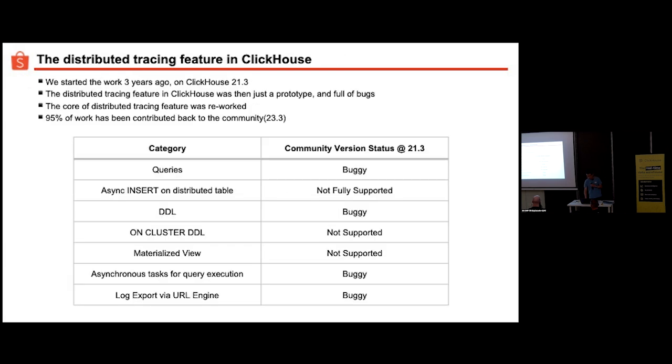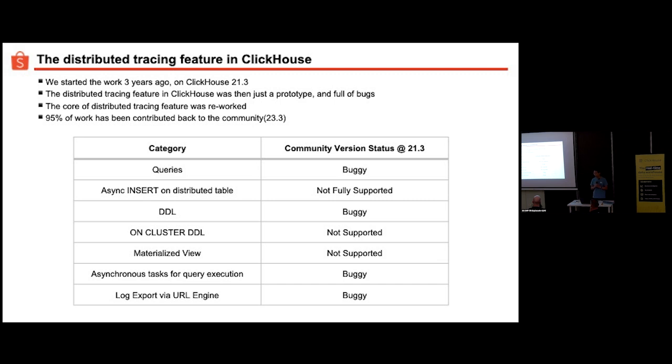So the work started about 3 years ago, and at that time the feature in ClickHouse was just a prototype. It did not work. So we reworked the whole feature in ClickHouse and made it a production-ready feature. And now it's a mature feature, I think.